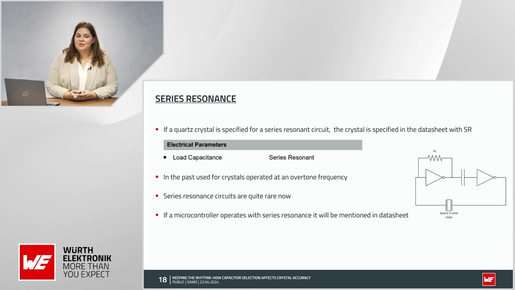So the hint here really is the microcontroller datasheet will tell you if it provides a series resonance circuit. If the microcontroller doesn't mention series resonant, and if the datasheet says we need to design capacitors around it, then you have a parallel circuit and you need to take care of everything we just talked about. If the datasheet mentions series resonant, then please select the crystal that is properly designed for series resonance.